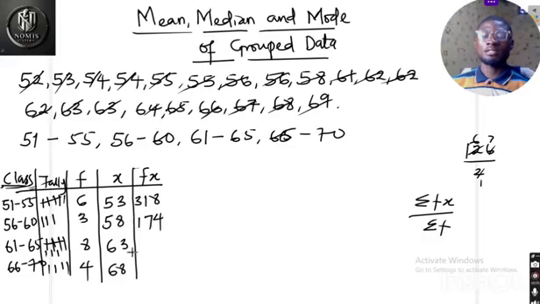So 63 times 8: 8 times 3 is 24, remainder 2. 8 times 6 is 48 plus 2 is 50. So we have 504. And then 68 multiplied by 4: 4 times 8 is 32, we write 2 and keep 3. 4 times 6 is 24, 24 plus 3 is 27. So we have 272. So that is our fx.